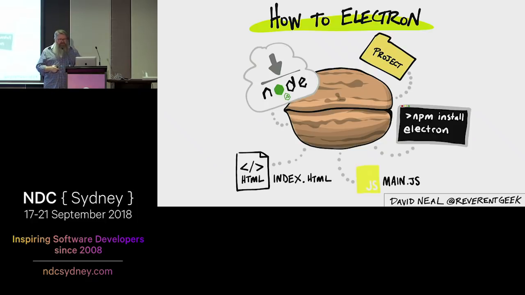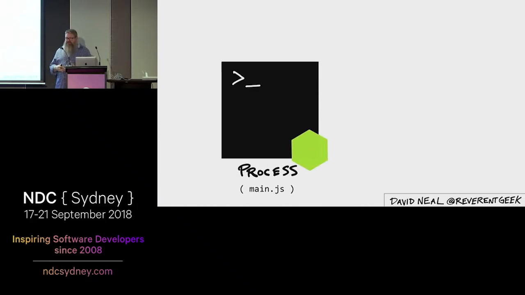A little bit about how Electron works: an Electron application starts its life cycle as a Node.js process. So you have main.js, or you can name it whatever you want. You can name it start.js or server.js. The name doesn't matter, but the lifecycle starts as a main process in Node, and in Electron vocabulary they call this the main process.